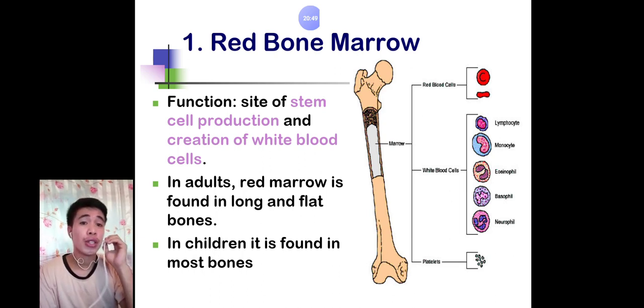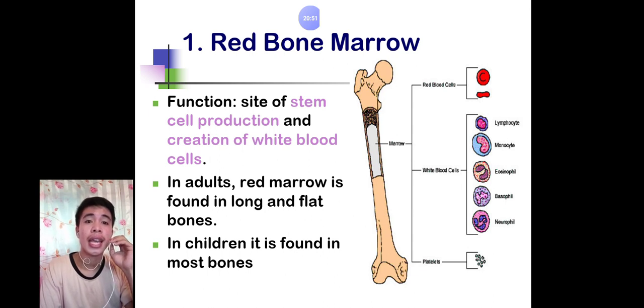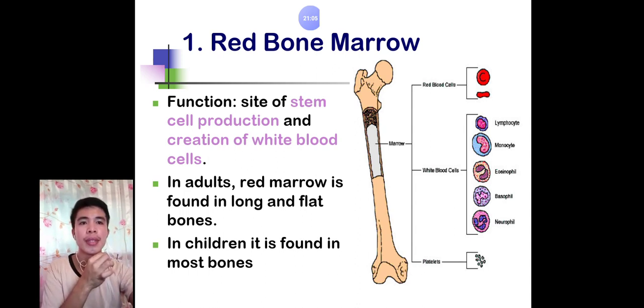In adults, red marrow is found in long and flat bones. In children, it is found in most bones. That's the red bone marrow.